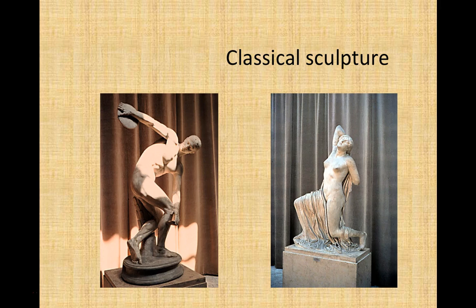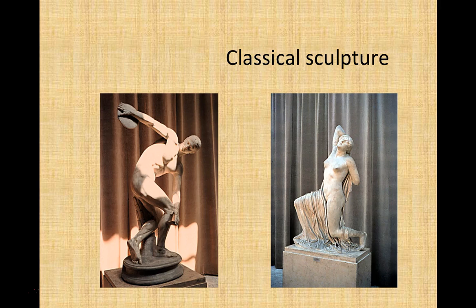Now, one of the things you should note here is this is in marble rather than bronze. Bronze was the medium of choice in the classical period. There are more bronze sculptures certainly than marble, because bronze is a far more rigid material, and so a sculpture done in bronze stays together better.